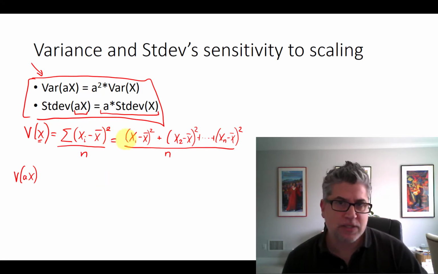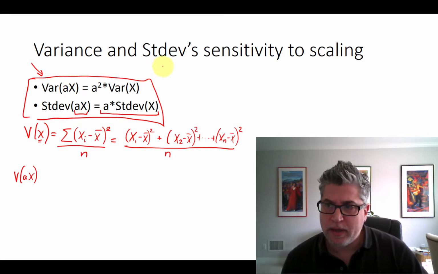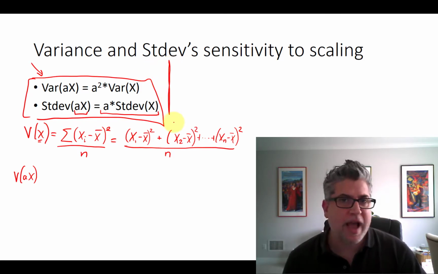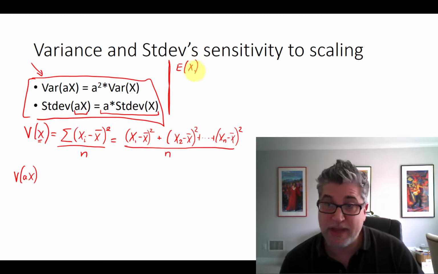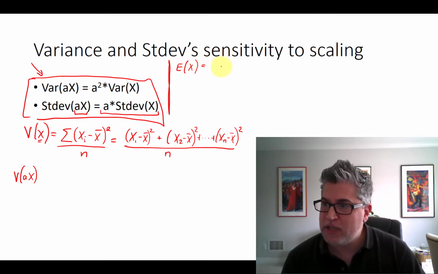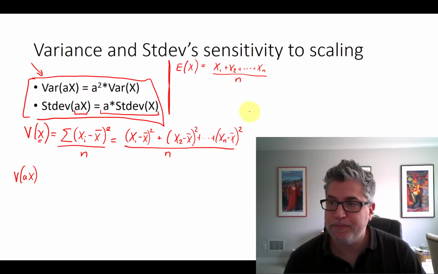Let me just take a little sidebar and think about how the average responds to rescaling. I can denote the average of x like this, expected value of x. That is just x1 plus x2 all the way through xn, and we're dividing by the total number.